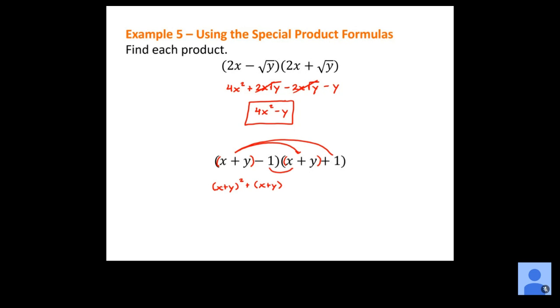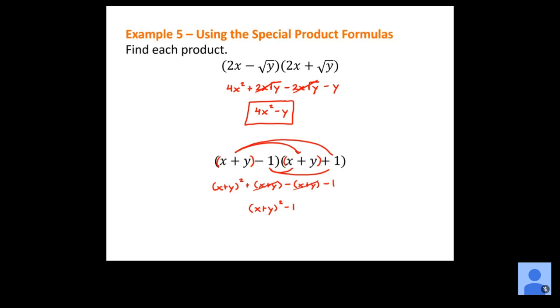The inner term here is going to give us minus x plus y. And then finally, the last term, -1 times 1, is going to give us a -1. Now, because we have an x plus y minus an x plus y, these actually cancel each other out. And so I really just have x plus y squared minus 1.